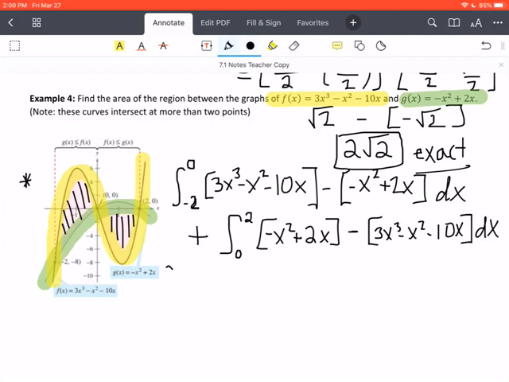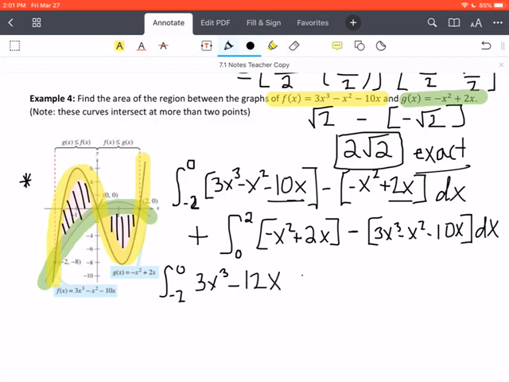So then if we do a little bit of simplification, we have -2 to 0. We have just 3x cubed, and then we combine -x squared, distribute your negative, so positive x squared, so the x squareds cancel out. And then we have -10x, but then we have -2x, so that gives us -12x.